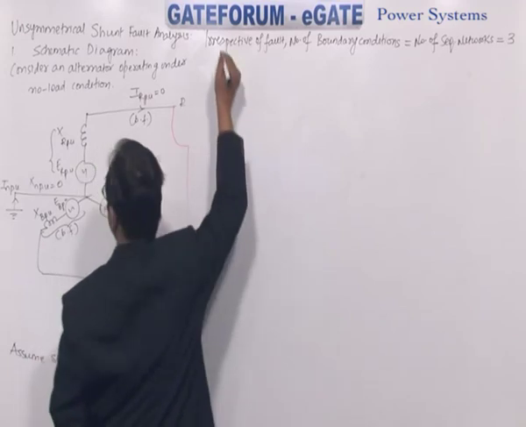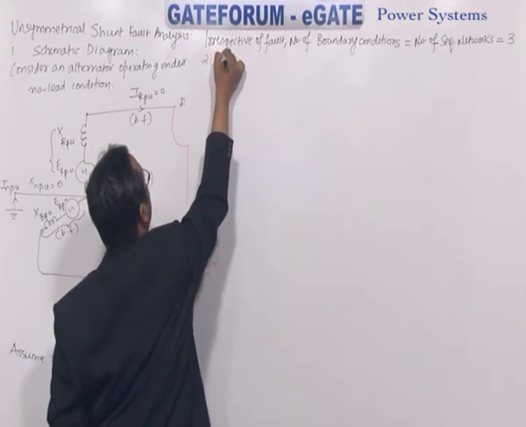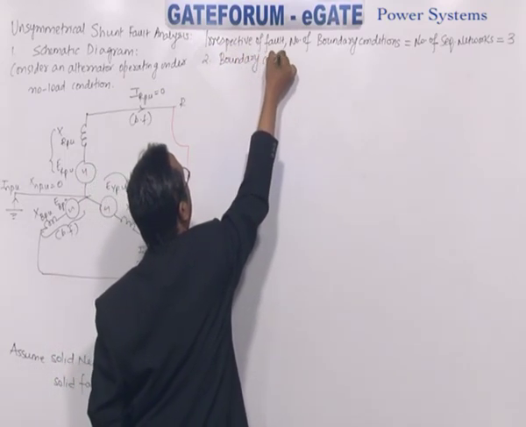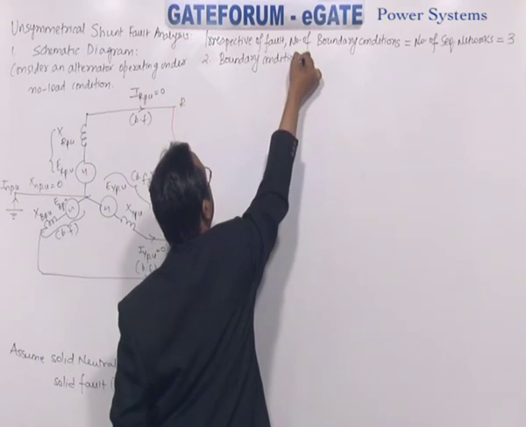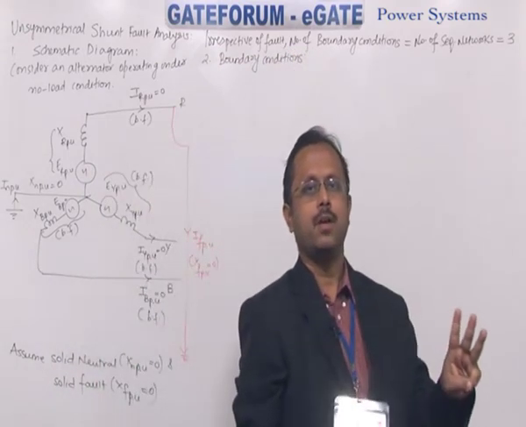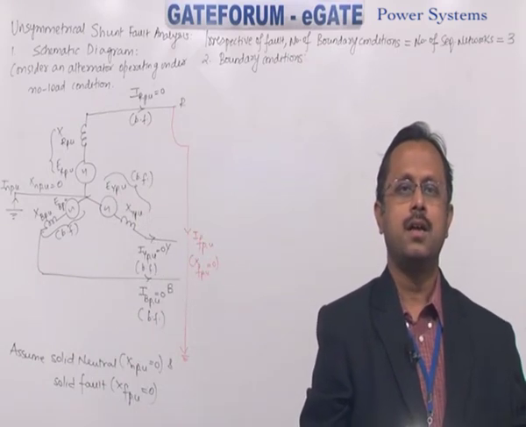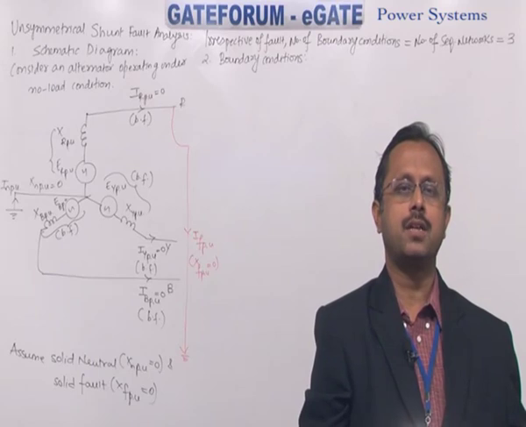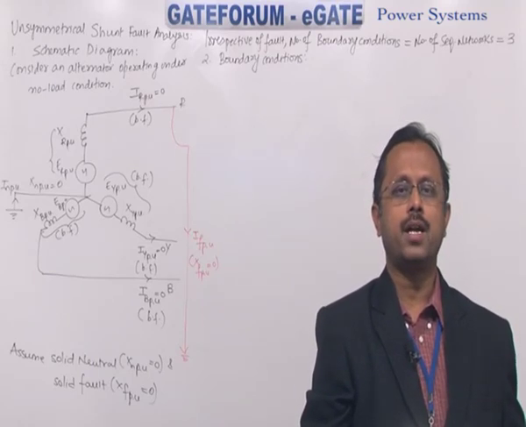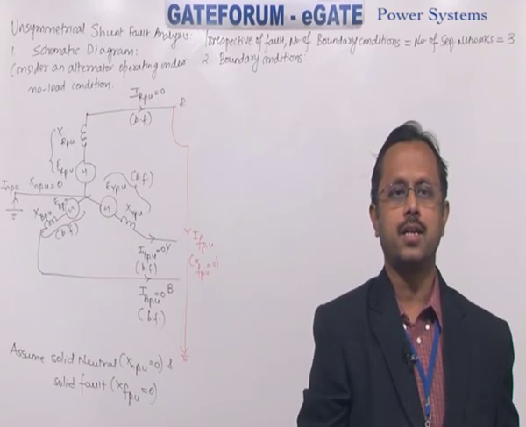So what are the sequence networks boundary conditions we check now? Now we have to specify the 3 boundary conditions. Among the 3 boundary conditions, one must be a current condition, and another must be a voltage condition, and the third can be a voltage condition or current condition.